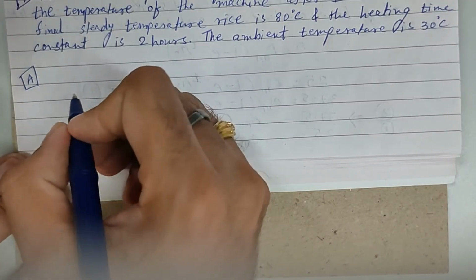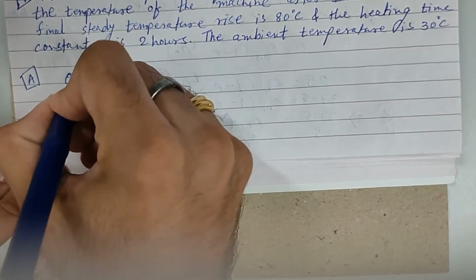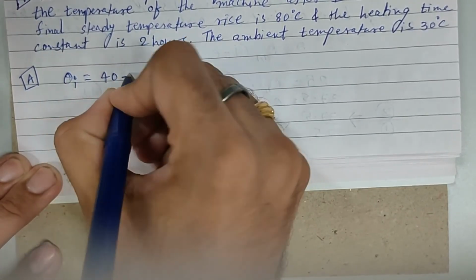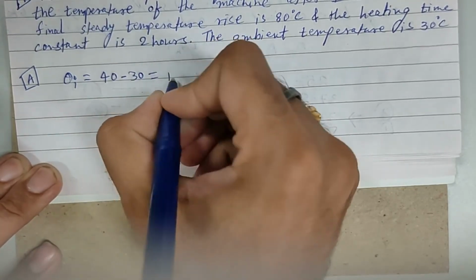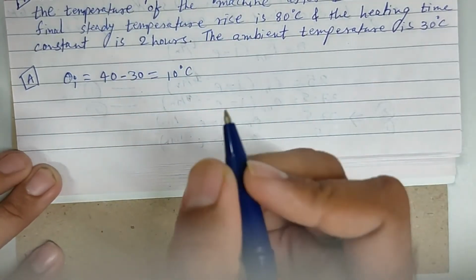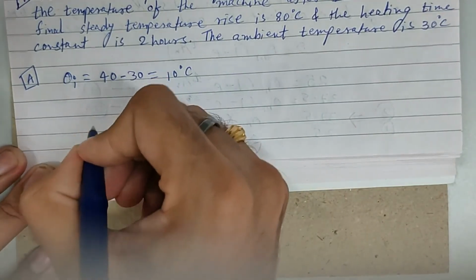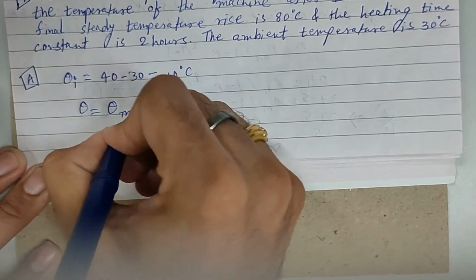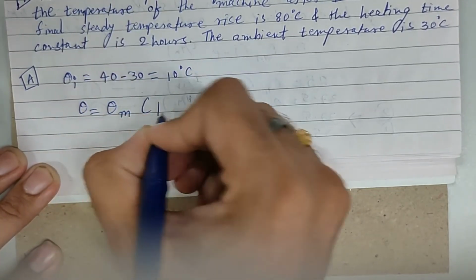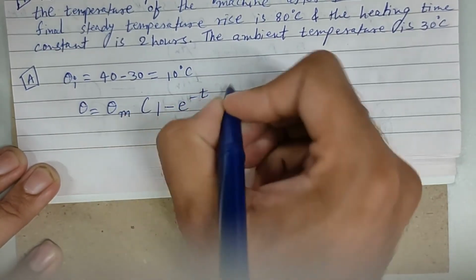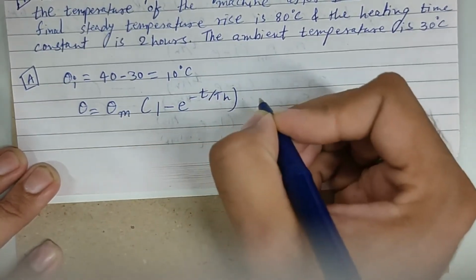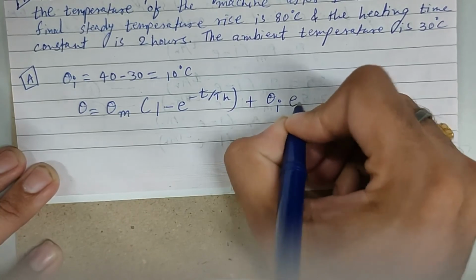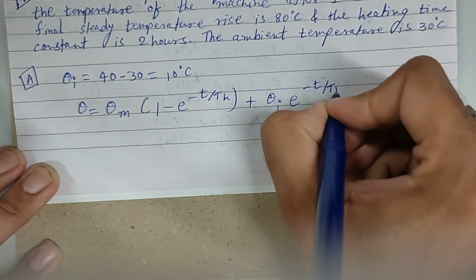The initial temperature rise theta I can be given as the temperature which is given minus the ambient temperature, that is 30 degree. So the initial temperature rise is 10 degrees centigrade. Now the formula that we have used is theta is equal to theta m into 1 minus e raised to minus small t upon capital Th plus theta I into e raised to minus t upon Th.